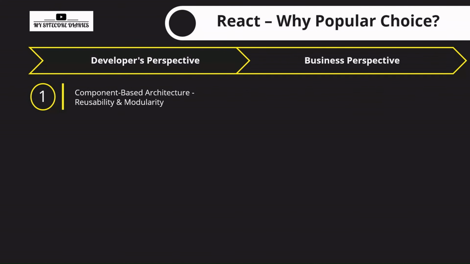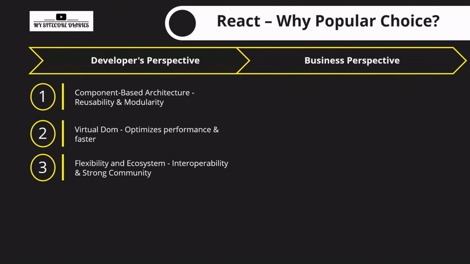Component-based architecture. This promotes reusability and modularity, making the code easier to manage. Then we have virtual DOM. It optimizes performance by efficiently updating only the part of the page that changes. Then we have flexibility and ecosystem. React boasts strong community support and extensive interoperability with other tools and libraries.